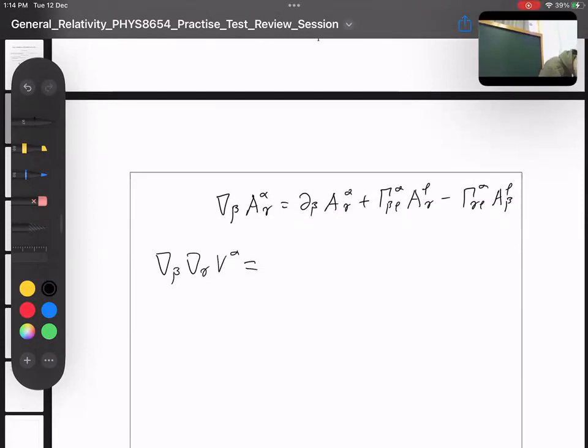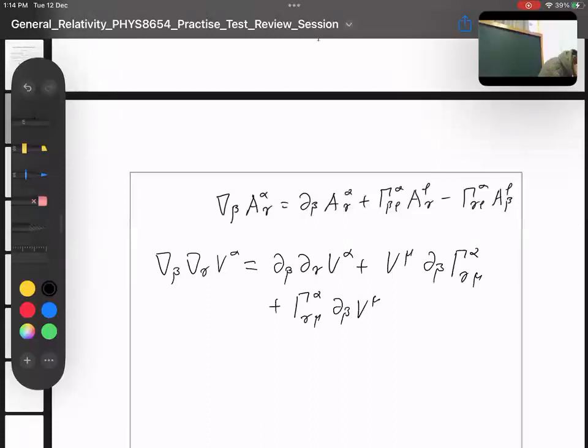So it will be partial beta, partial gamma, v alpha, plus v mu, partial beta, gamma alpha, gamma mu, plus we have gamma alpha, mu, partial beta, v mu.